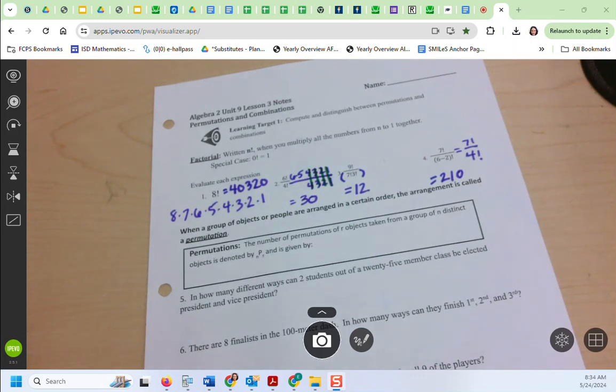Hold on one second. Give me 1 second. I'm going to pull up this formula for you.